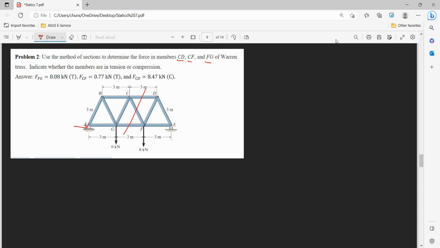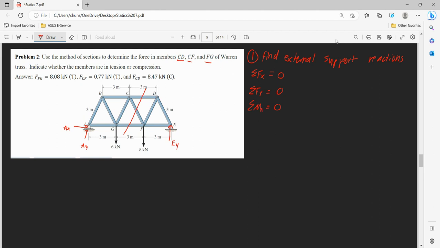So we have AX, AY, and we also have a normal force of EY. So we're going to find those first. So let's find external support reactions. And we would just use these equations here to find the values that we need.